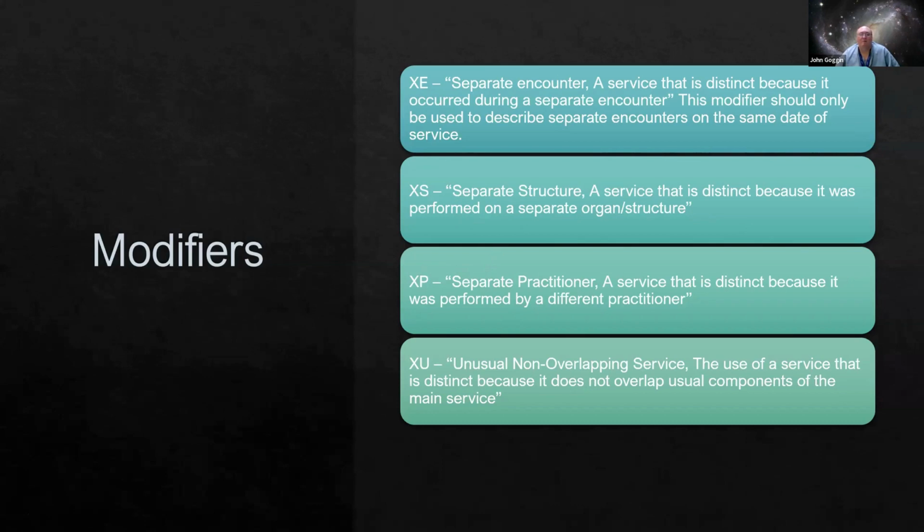The lesser of those two procedures, which you'd have to look up in the CCIs to see which it was, but probably it'd be the neuroma injection, would get the XP modifier.